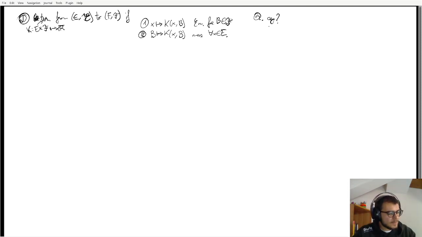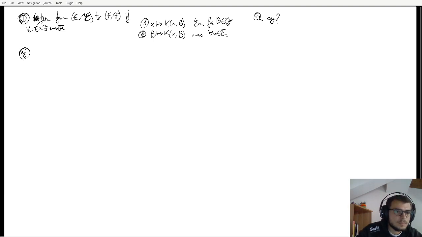But here we have an abstract example, which is the following. Consider mu, a finite measure on the space.